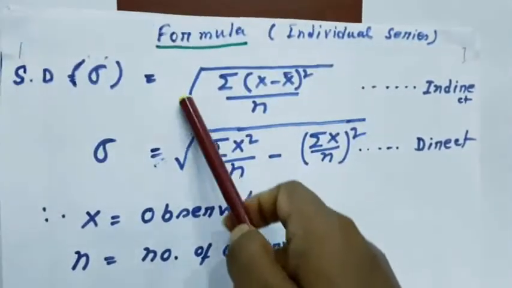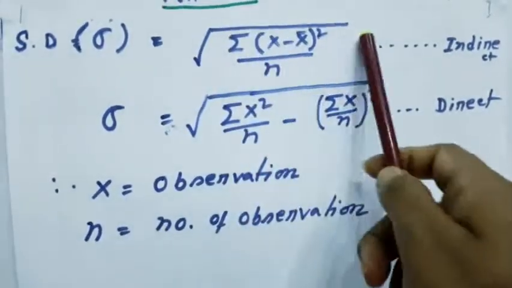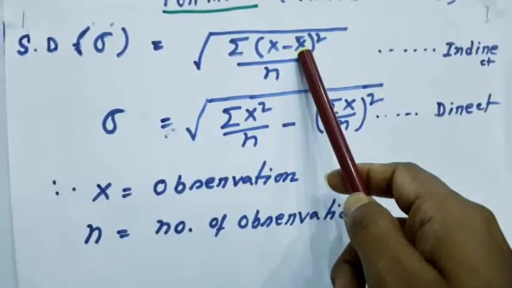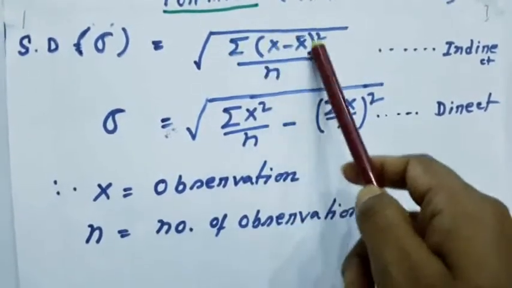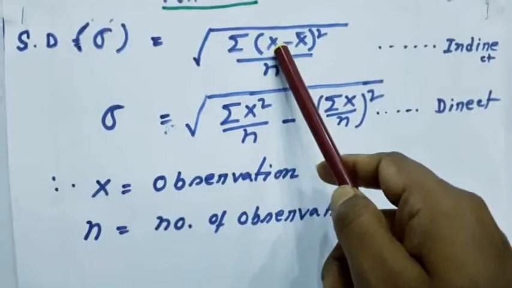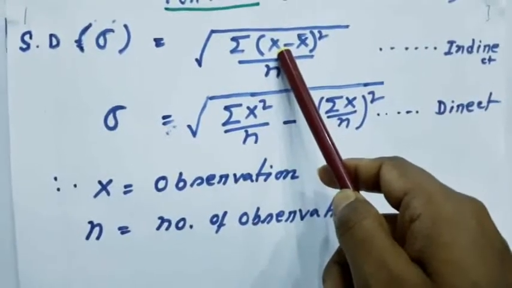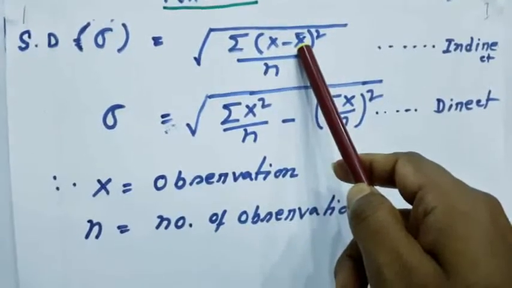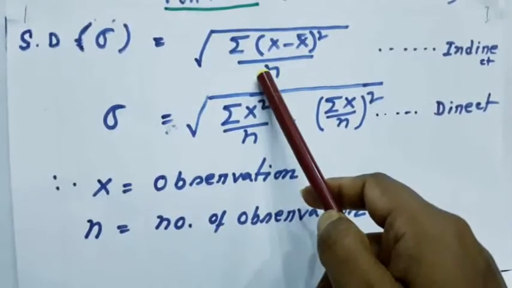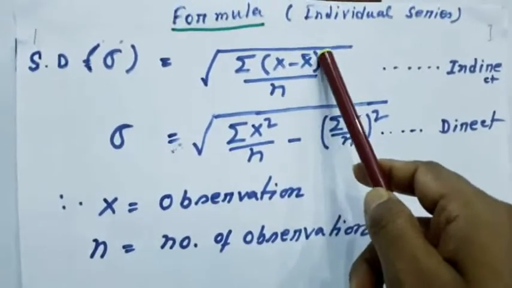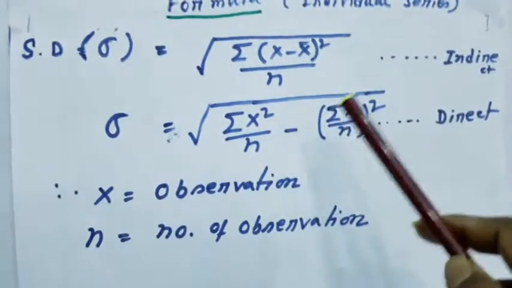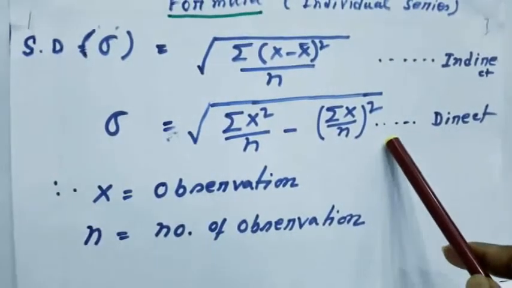This is actually the basic formula of standard deviation: the square root of summation x minus x bar whole square divided by n. Here x is the value of the observation, x bar is the mean of the observation, n is the number of observations. But if we derive this formula, we will get this one.